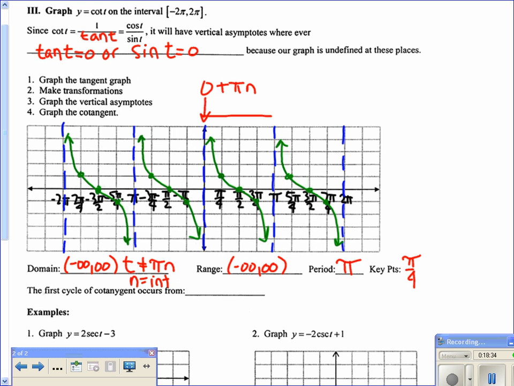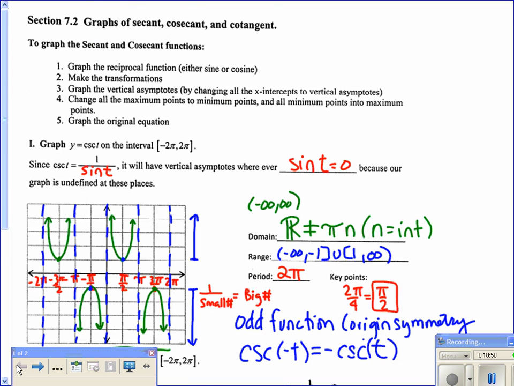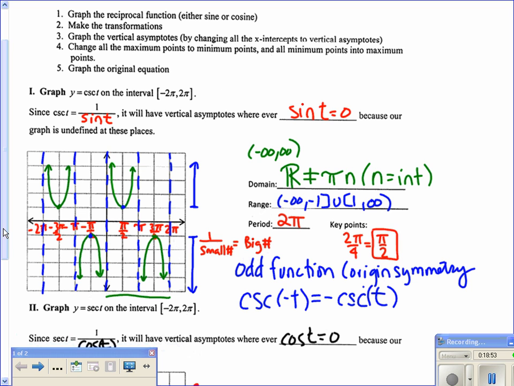So again, the first cycle for cotangent occurs from 0 to pi. So it's a little bit different than the tangent. This is going to be, again, from 0 to pi. If we go back to the other ones, the first cycle for our first graph, which was cosecant, is from 0 to 2 pi, not including 0 and 2 pi.